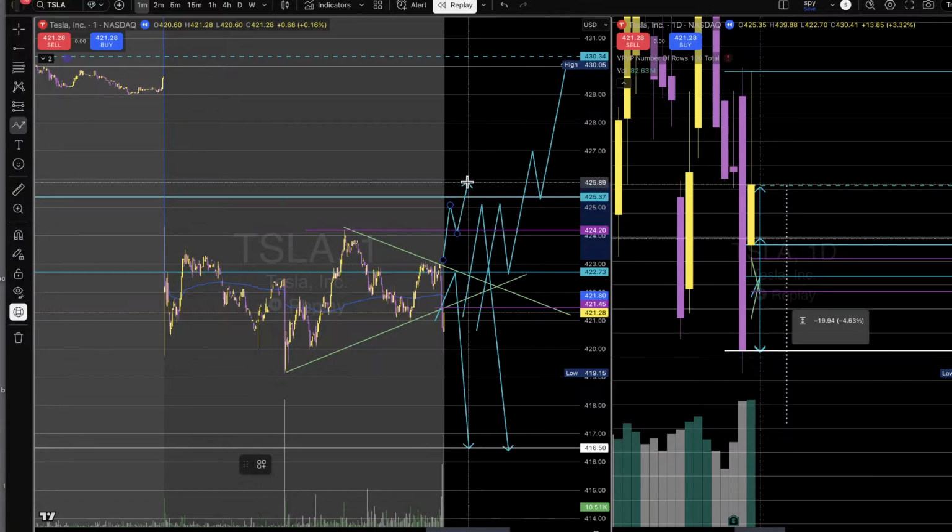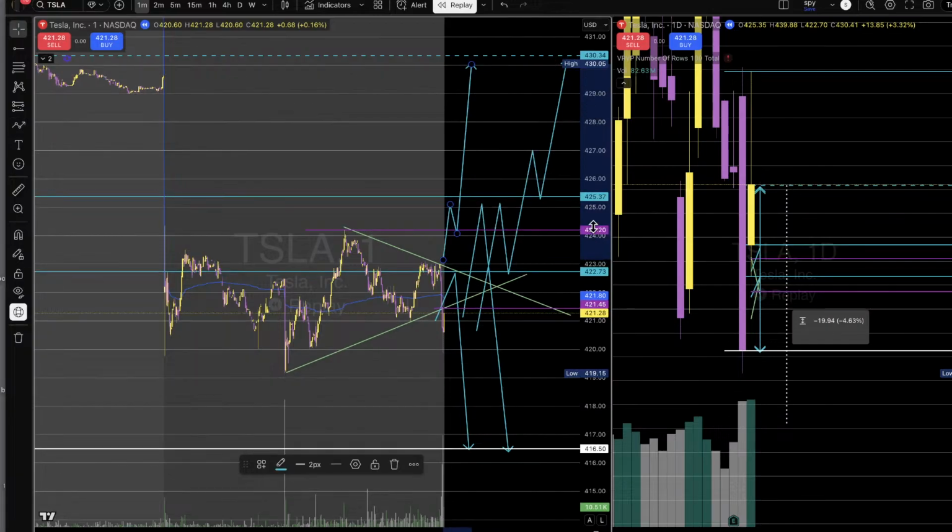It's much stronger, and this move, though it could happen, I want to see this fail first, or maybe bounce within, or maybe do this. It could also do that, or initially is this.